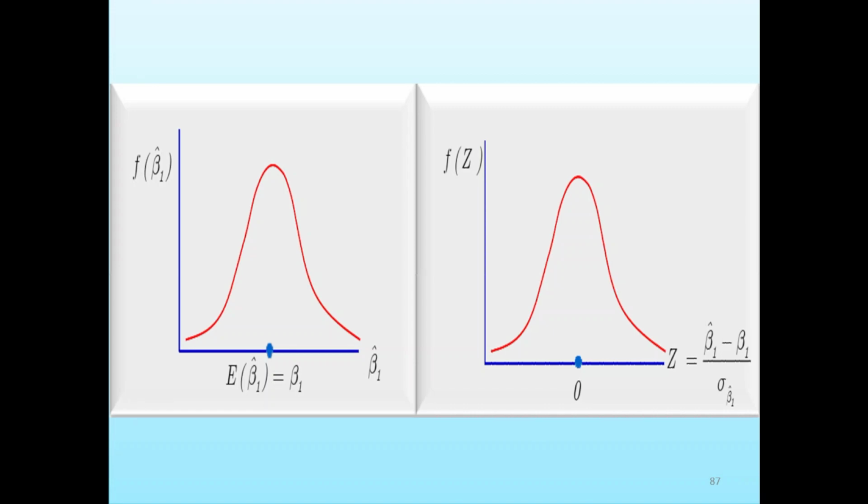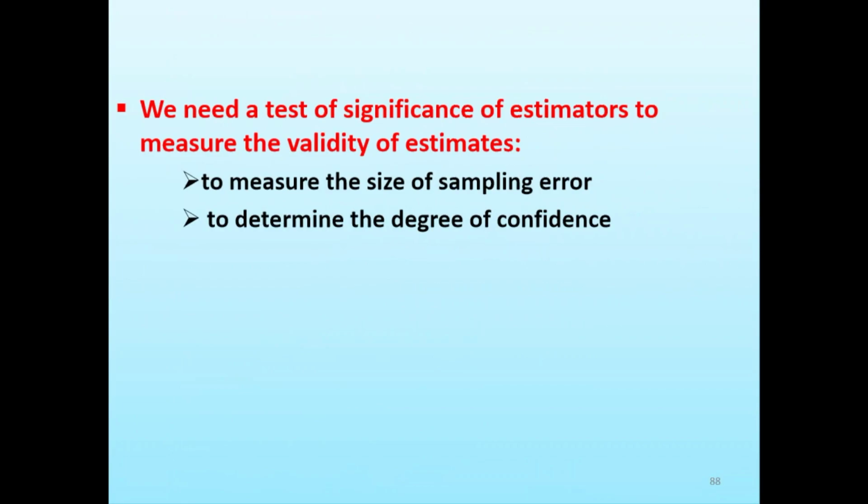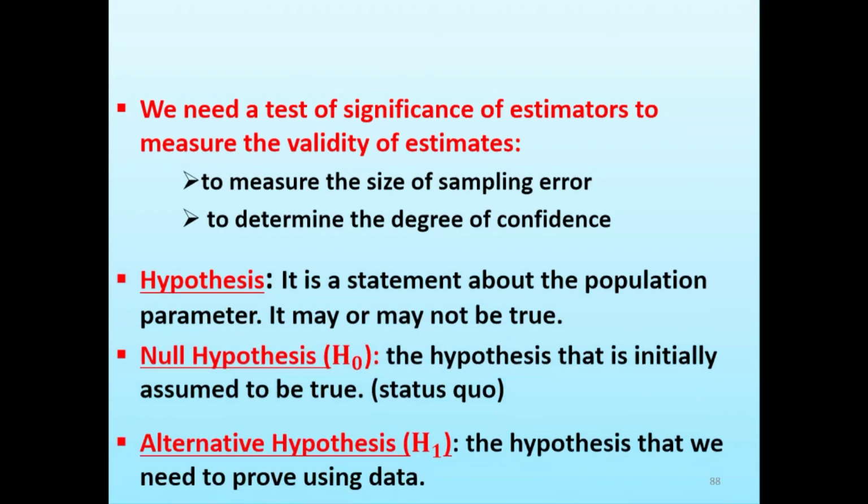So we cannot be 100% confident in statistical inference from samples. The two types of errors in hypothesis testing are type 1 error and type 2 error. Type 1 error is the wrong decision of rejecting the true null hypothesis.